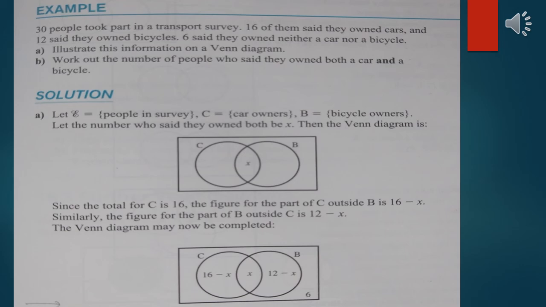Part B. Work out the number of people who said they own both a car and a bicycle. Now this thing you can't guess. Some students and some teachers try to answer by guessing, but that is not the real way of approaching the problem.